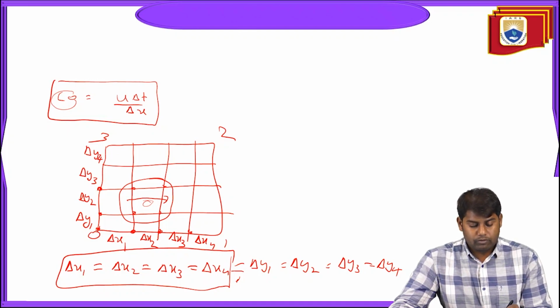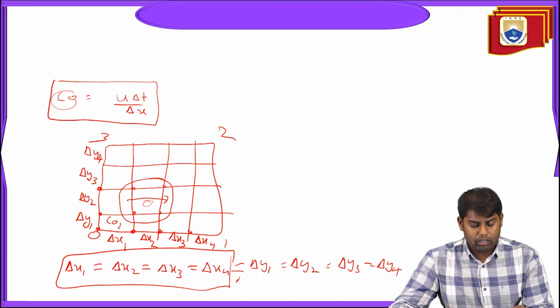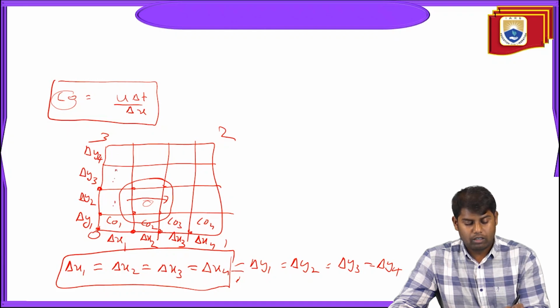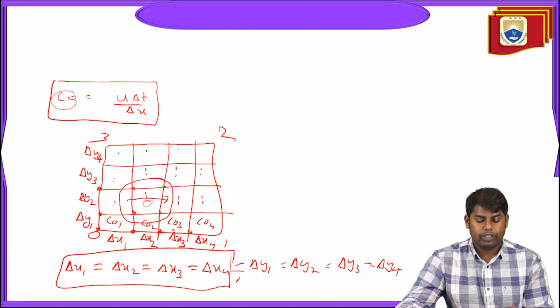Now next we will see how the coherent number impacts all these areas. We have CO1, CO2, CO3, CO4.